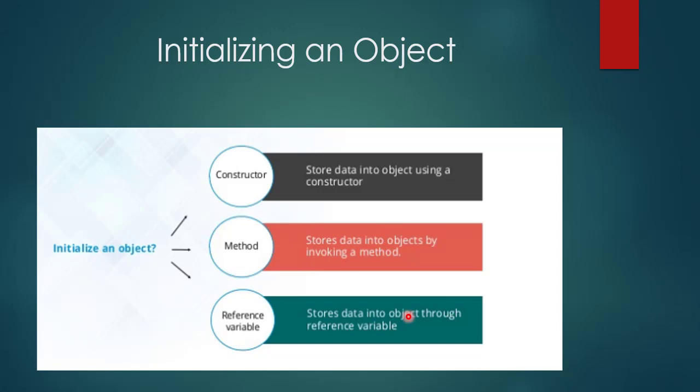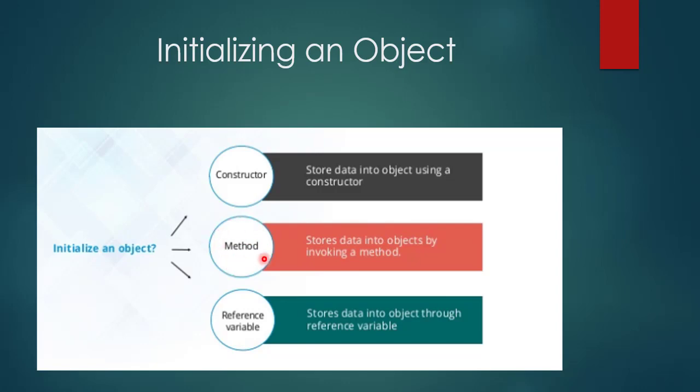Initializing an object. To initialize the object we have a constructor. The constructor stores data into the object. Or by methods. In object-oriented programming we can call them functions; in a Java program we call them methods.